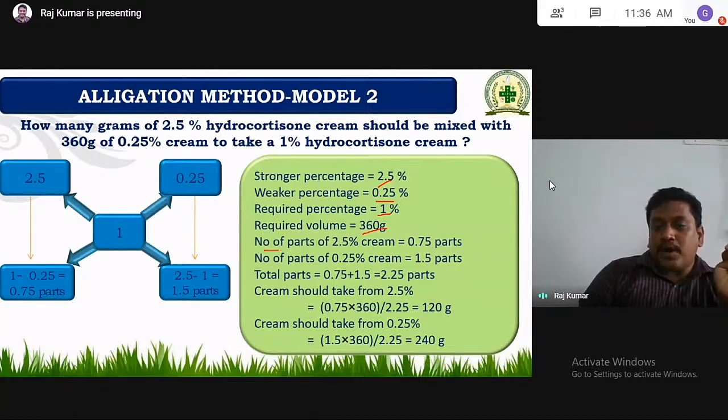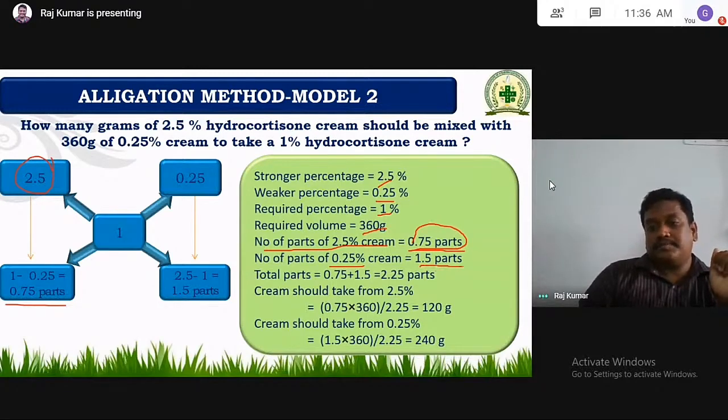So number of parts of 2.5% cream is 0.75 parts. Whatever you got here will be the parts of the higher, stronger concentration. So from 2.5% you have to take 0.75 parts. From 0.25% you have to take 1.5 parts.